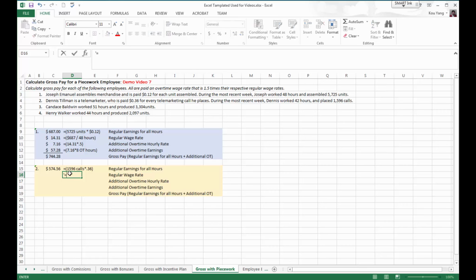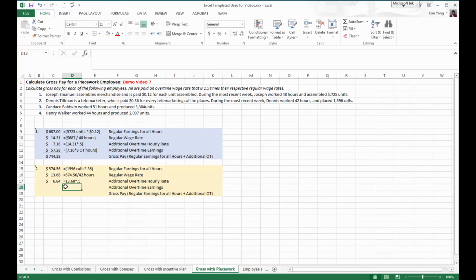For his regular wage rate, I'm going to take the $574.56 and divide it by the 42 hours that he worked. That's going to get me to $13.68. For the additional overtime hourly rate, once again, it's $13.68 times the 0.5, for $6.84.